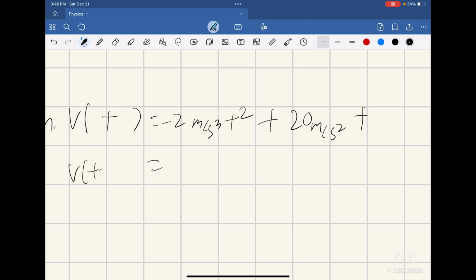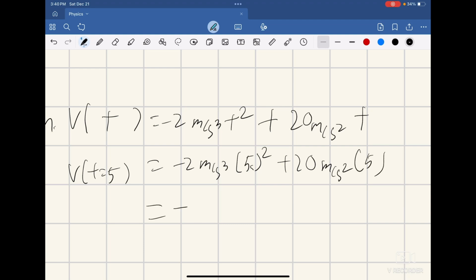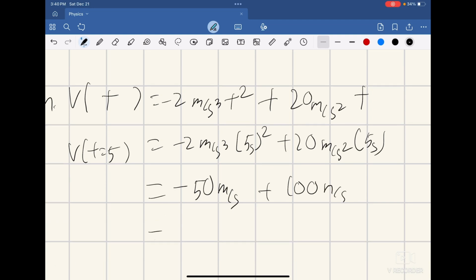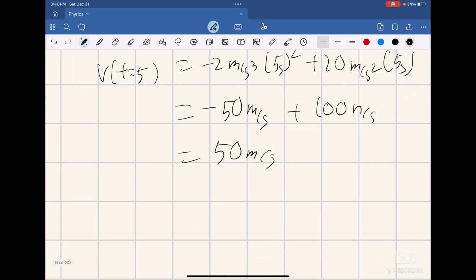And if we want to find v of t at 5, we now plug in the values. Negative 2 meters per second cubed times 5 squared plus 20 meters per second squared times 5. These should be seconds. So that gives us 25 times 2 is 50. Cancel out those two, meters per second, plus 20 times 5, which is 100. Cancel those out, gives us meters per second. And that gives us the value 50 meters per second. So at v of t equals 5, 50 meters per second.